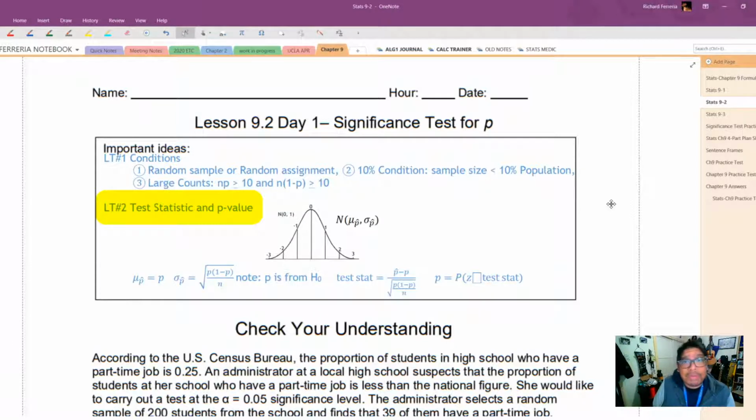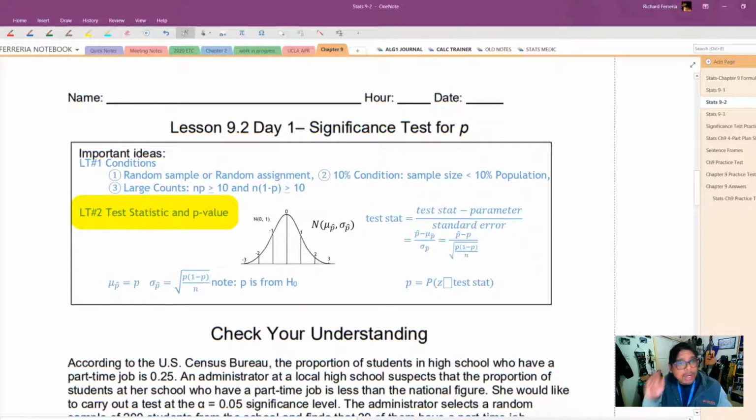The value of p comes from the null hypothesis. And the mu p hat and sigma p hat come right out of the sampling distribution and right out of the confidence interval. The test statistic is p hat minus p over root p(1 minus p) over n.